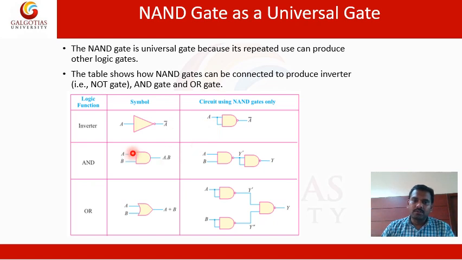And for the AND gate, we can design the AND gate by using two NAND gates. So here if we have two inputs A and B, we use the first NAND gate.